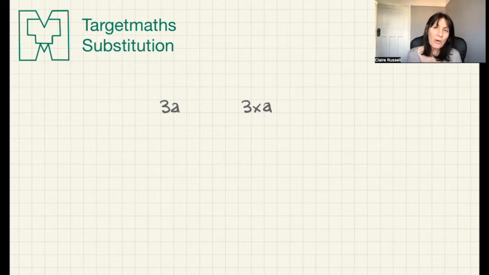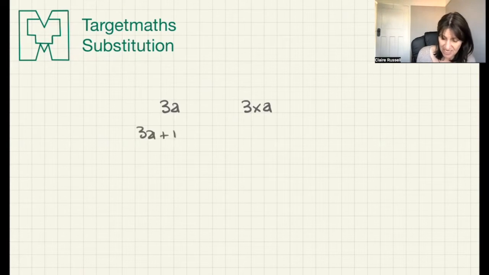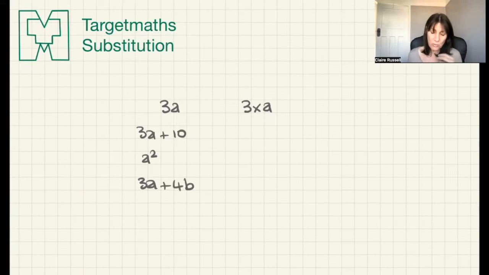It doesn't matter how complicated my expressions start to appear. Okay, I could have 3a plus 10. I could have a squared. I could bring in another letter, 3a plus 4b. Every single one of these expressions or terms, they are just numbers I don't know.